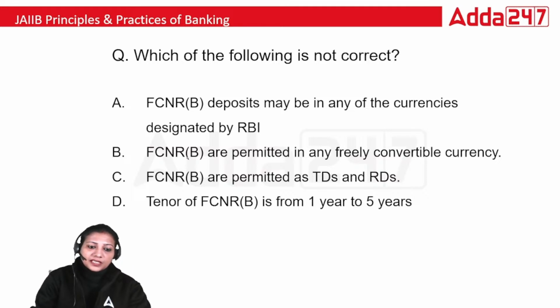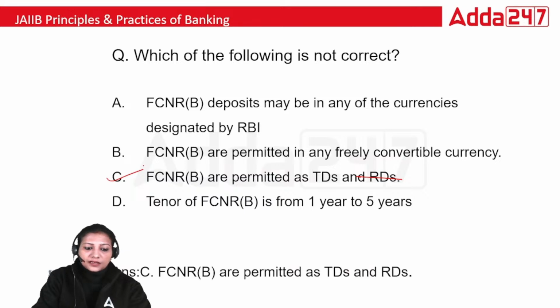As we have seen, FCNRB is not allowed as RD, only TD is allowed. So the right answer will be C.